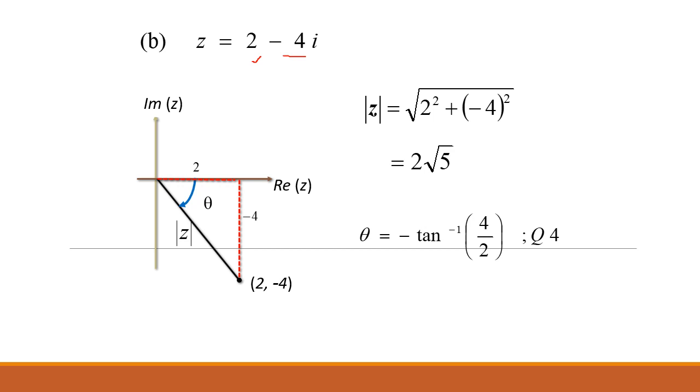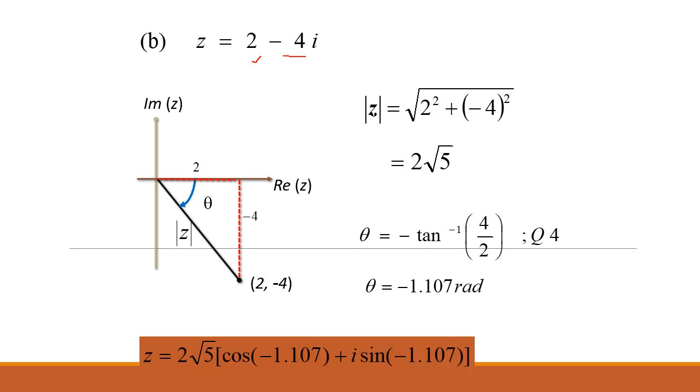Remember, we have the modulus formula, so the negative is forfeited. So the answer here is negative 1.107 radians. The last part is to write the answer in polar form. This is the answer: z equals 2√5 multiplied with cos of negative 1.107 plus i sine of negative 1.107.